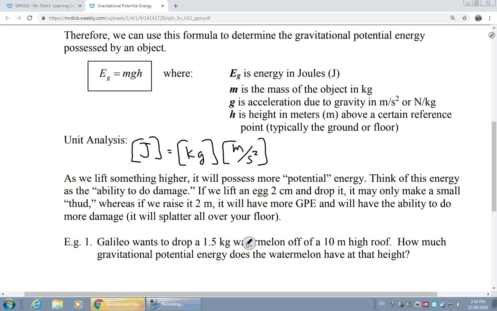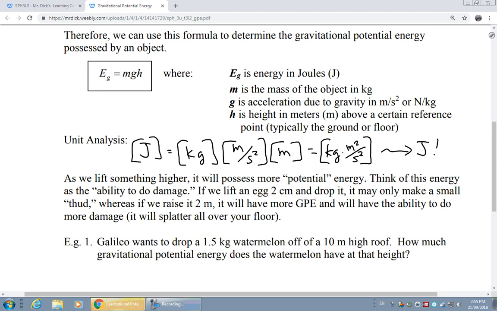It's an acceleration. And then we multiply by height, which we said we're going to keep in meters. If we take all of that and multiply it together into one big giant unit, it's a kilogram times a meter squared per second squared. And that is just a joule.